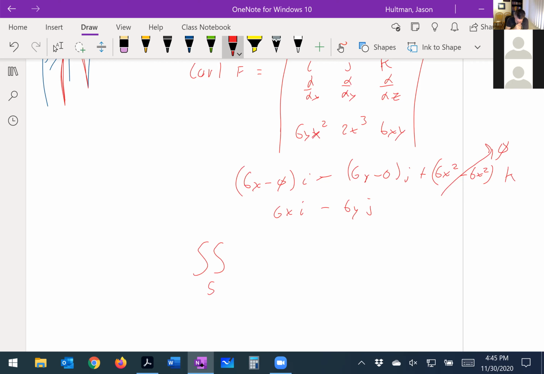Over the surface S, of, and we said, put all the pieces together for Stokes' theorem.